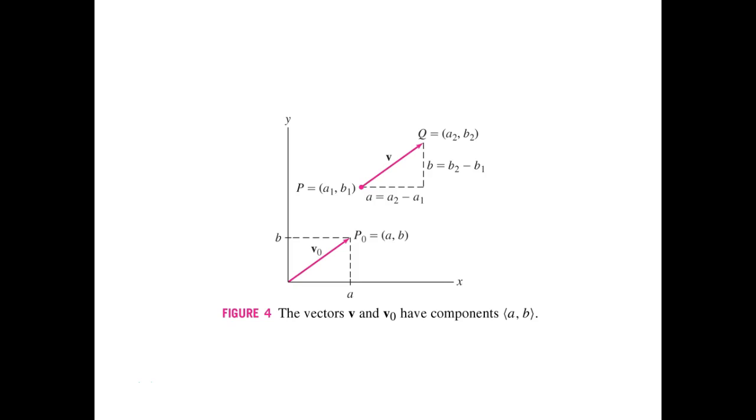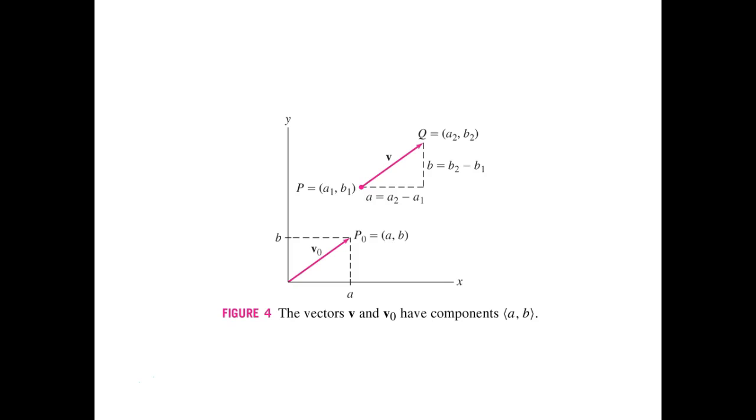So that's vector v. Now, the other way to refer to this, rather than PQ or V, is as if it was in standard position, with P being at the origin. Why in the world did they then call this P0? If they're calling this P up here, I would have called this Q0. But they called it P0, which is fine, you can call it anything you want, but it just seems like it's crossing up your nomenclature.